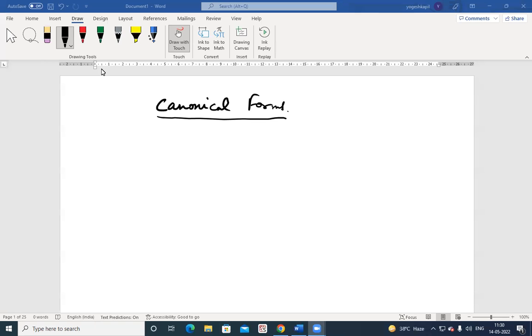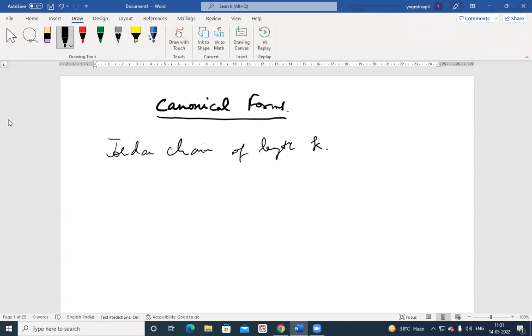Jordan chain. A Jordan chain of length k is defined as follows.